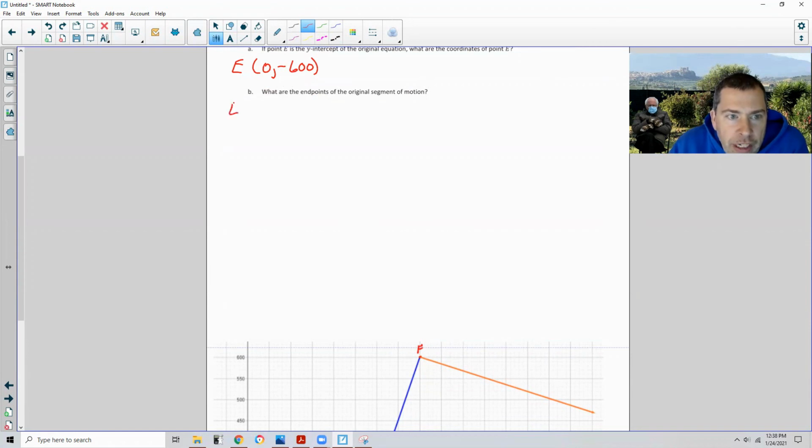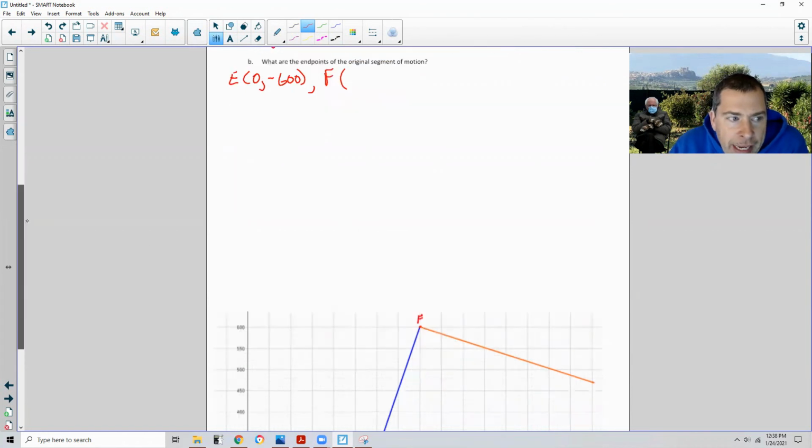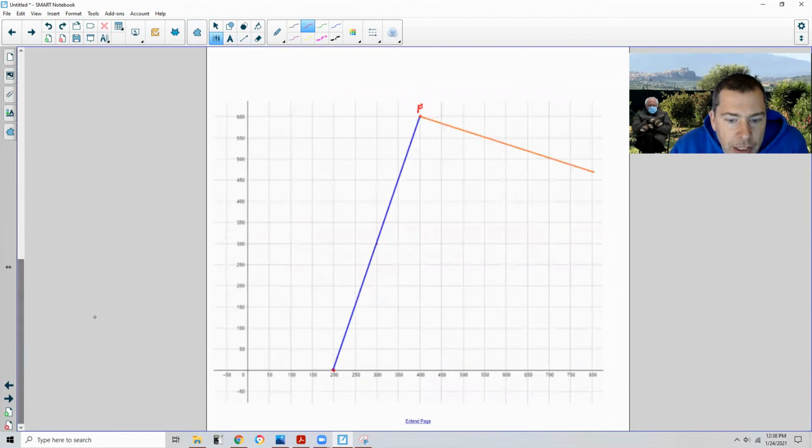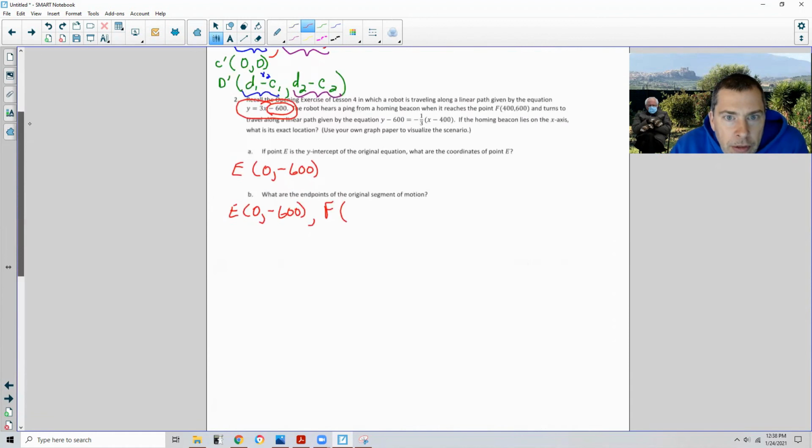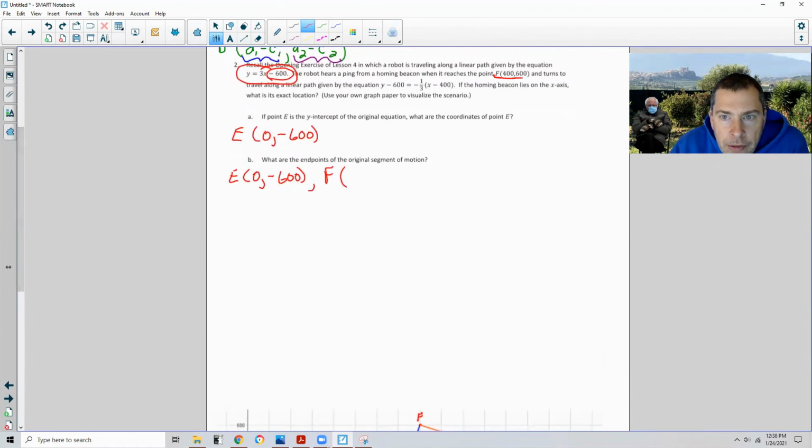The original segment has one endpoint E at 0, negative 600, and we also have the point F, which is at the location 400, 600. Okay, and that was right here. So those are our two endpoints of the original segment that the robot traveled.